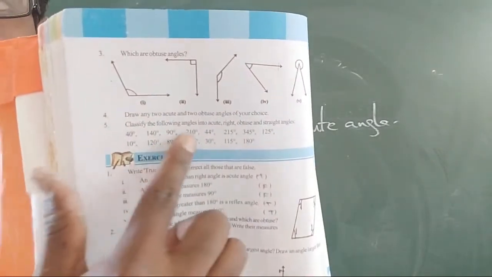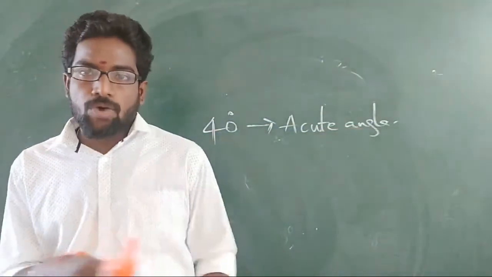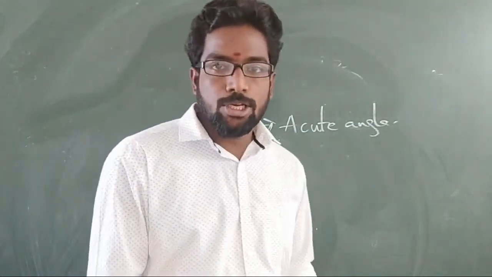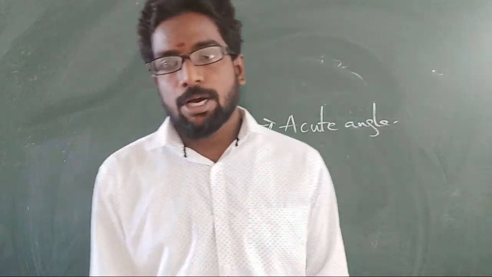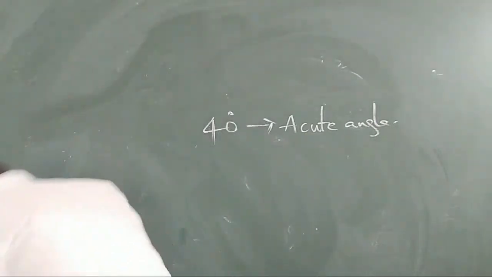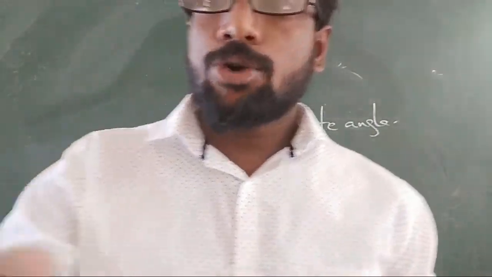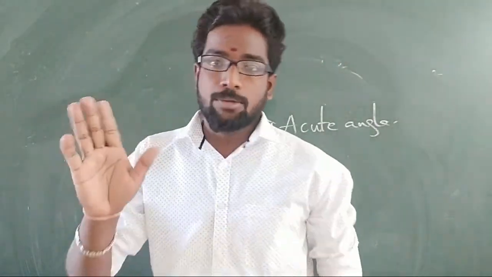He has given different types of angles. For that you have to write the answer. That will be your homework. Fifth one will be your homework. Tomorrow we'll start exercise 5.2. Till then, bye bye.